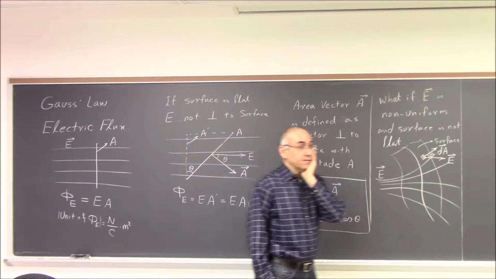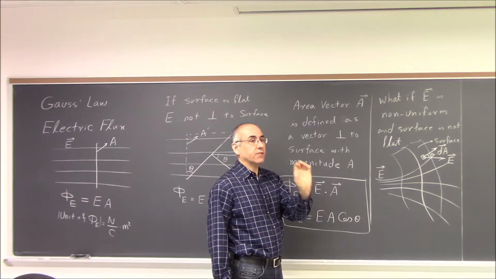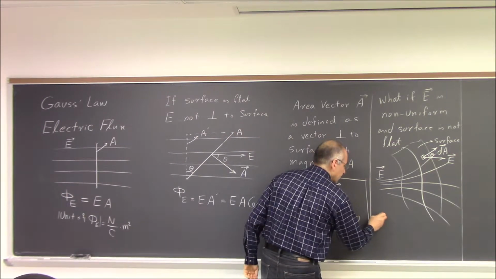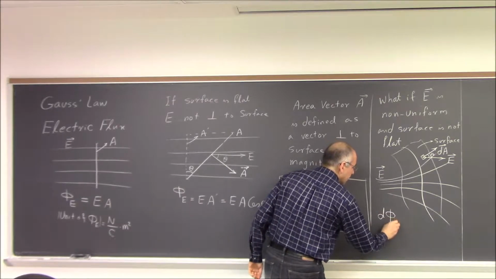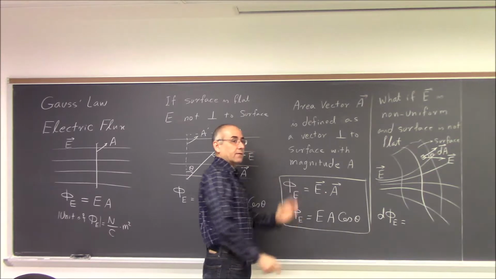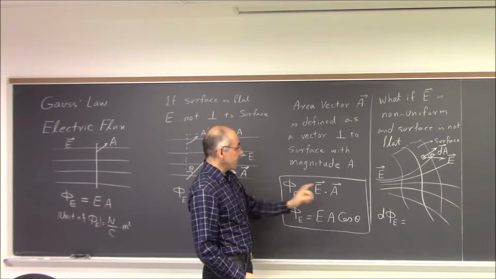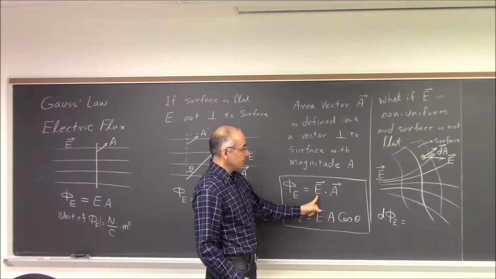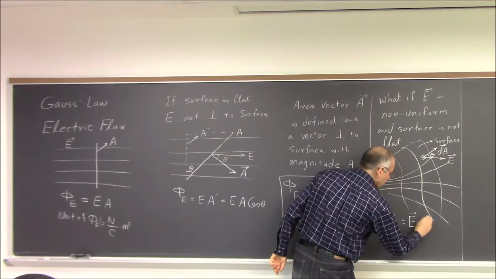You can write the small electric flux passing through this piece, d phi E, equal to, because at small scale the surface is flat and the electric field is uniform, E dot dA.